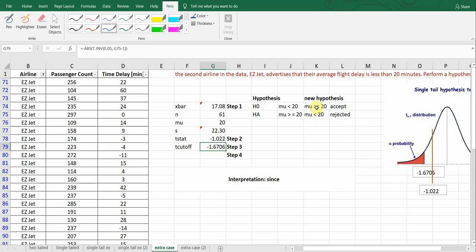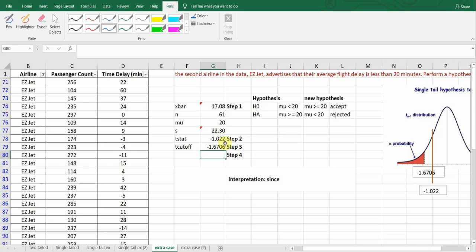Since you see that in the new null hypothesis, our mouth is opening towards the left hand side, our t-cutoff value will be minus absolute of T.INV 0.05, degrees of freedom. And when you click on the value, you get minus 1.6706.